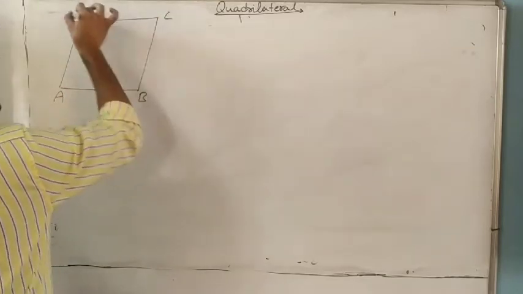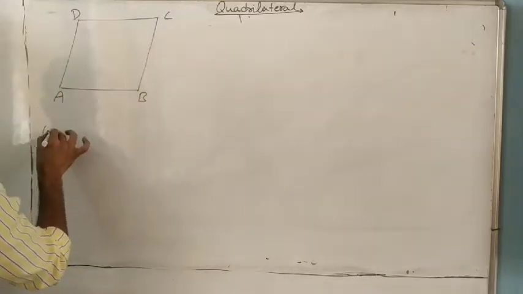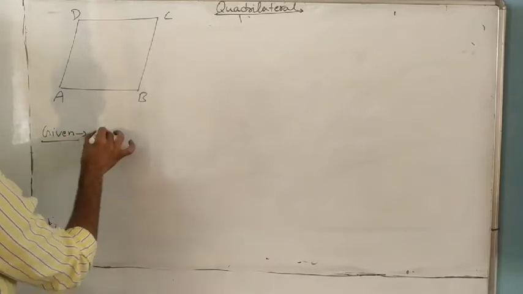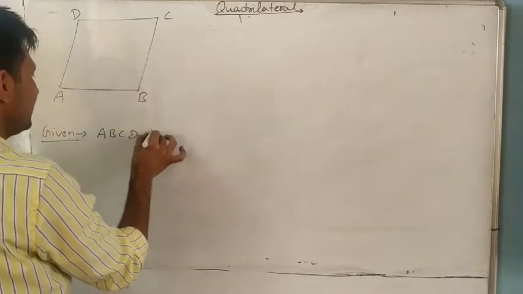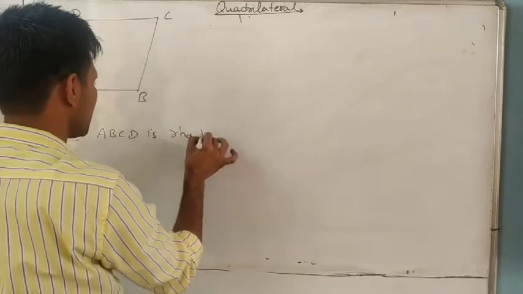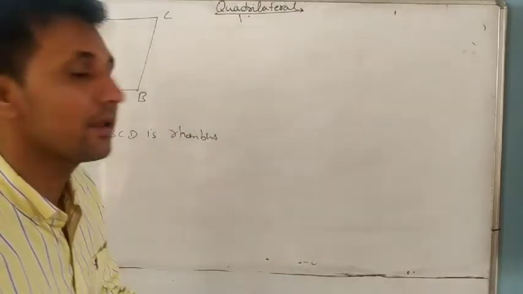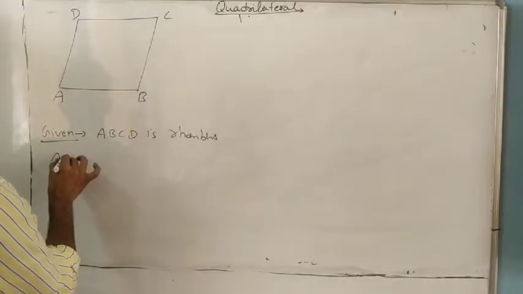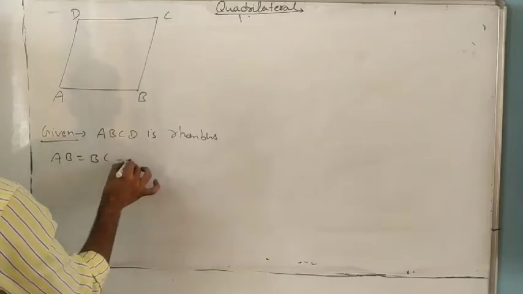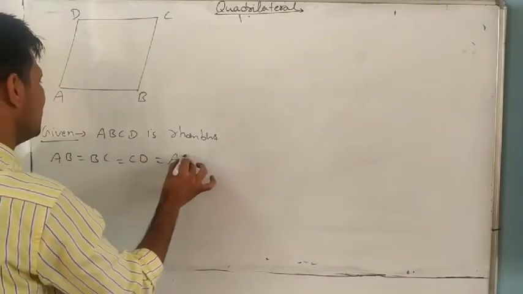ABCD is a rhombus, given. Always write it first. Rhombus means all sides are equal. You can write AB equals BC equals CD equals AD.